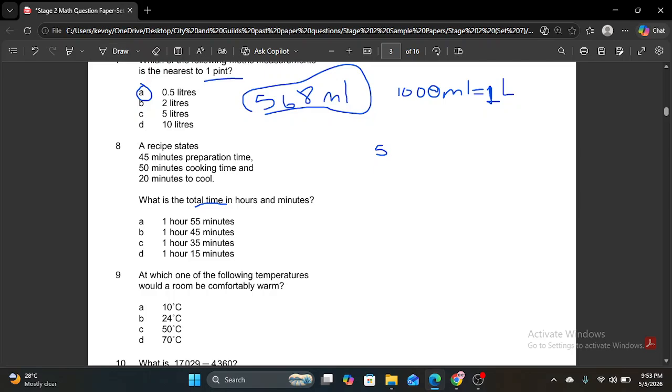Before I add anything, look at everything that you have here. The 3 times that we have are all in minutes, so we're just going to add everything in minutes.